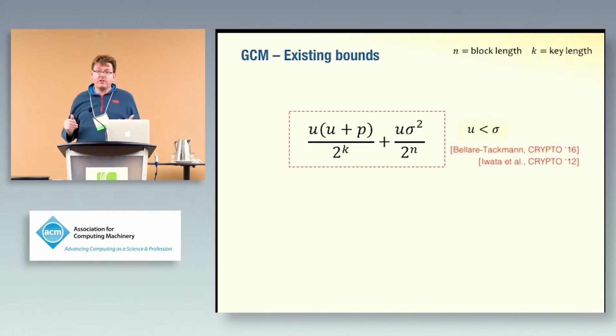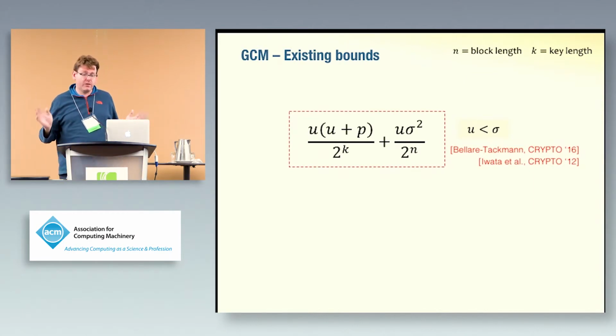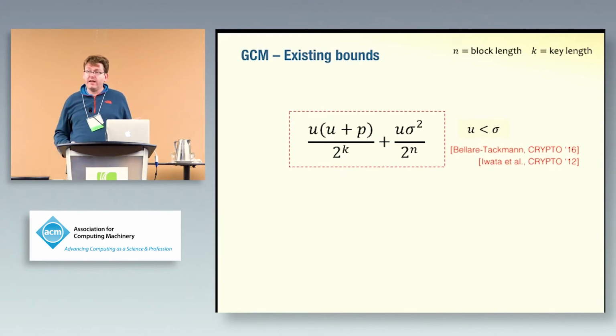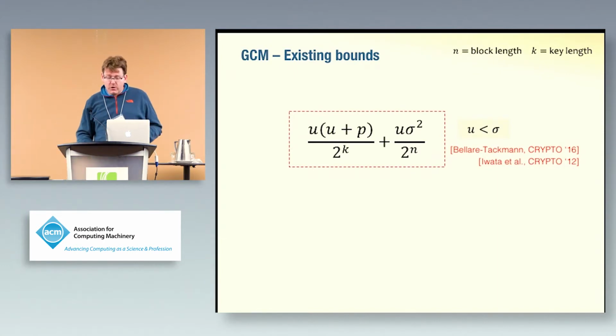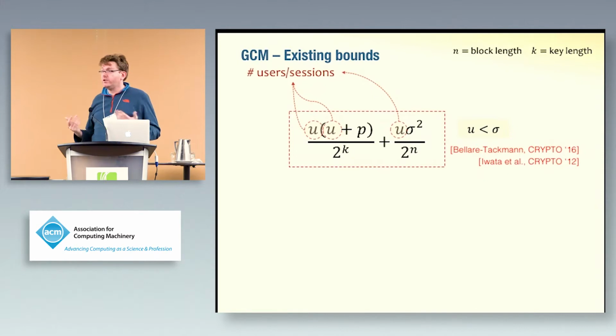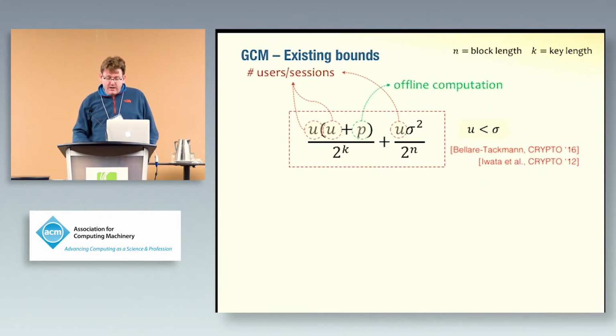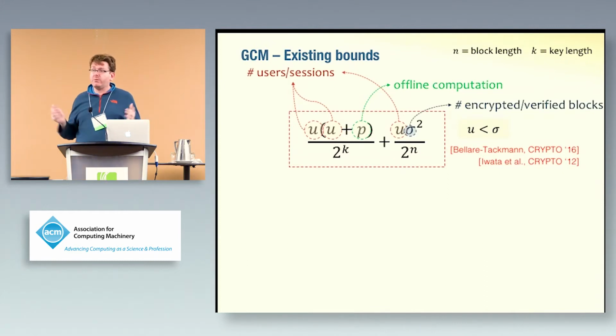They gave a bound that consists of different terms and depends on different parameters, in particular on the block length of the block cipher and the key length, so n and k, and also on the number of users for which the adversary makes queries, the amount of offline computation, which we model as ideal cipher queries here, and a parameter sigma, which is the overall number of encrypted blocks and verified blocks by the adversary.